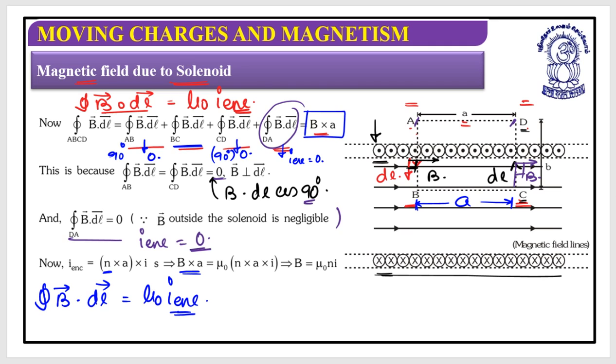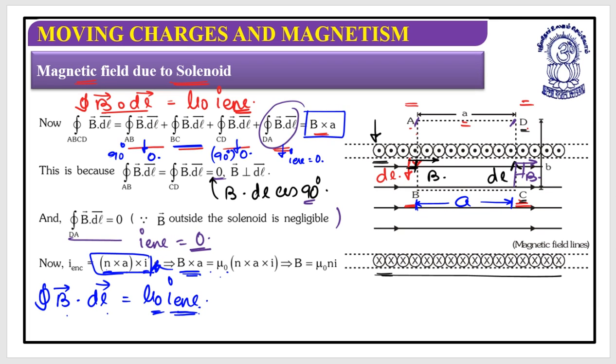It's the number of turns per unit length, N by L, that we have already defined, multiplied by A, multiplied by I, and that would be equal to B into A. So B dot dl, which is B into A, should be equal to mu naught times I enclosed. I enclosed could be written as N into A into I. I hope this is clear.